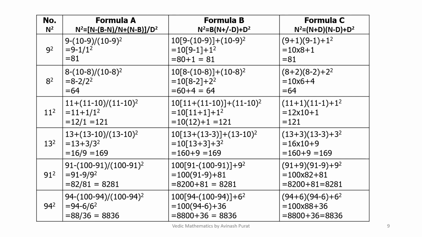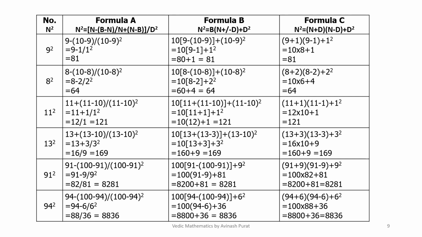Next example is 94 square. 94 minus 6 stroke 6 square, that is 88 stroke 36, equal to 8836.